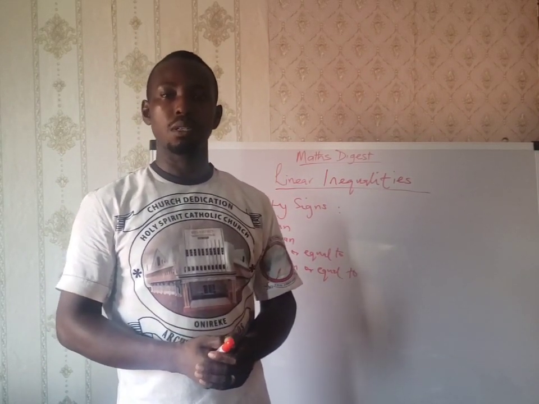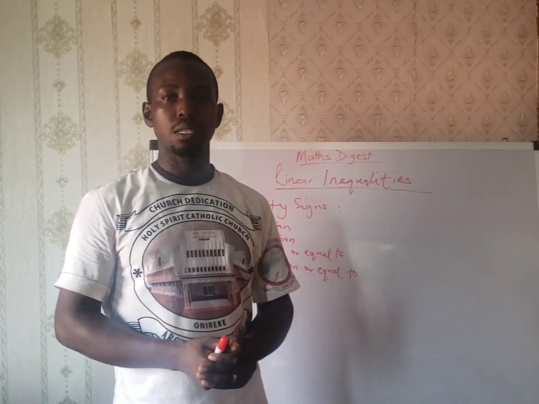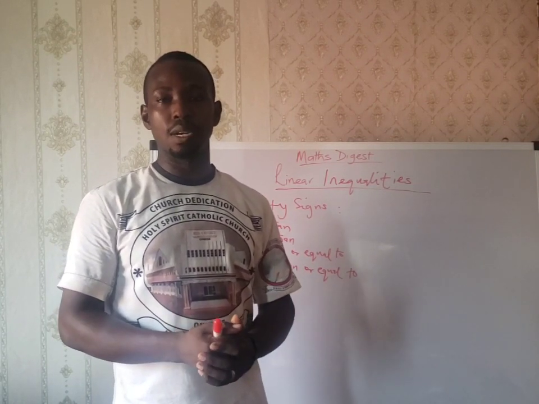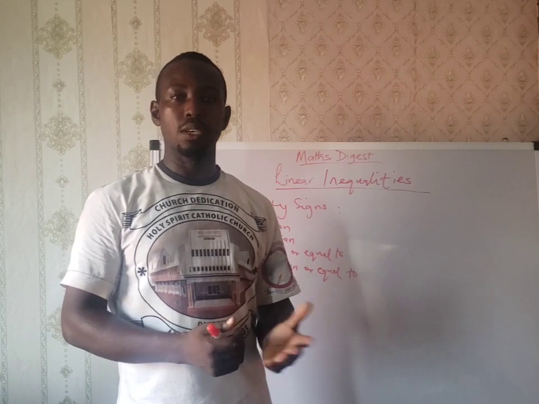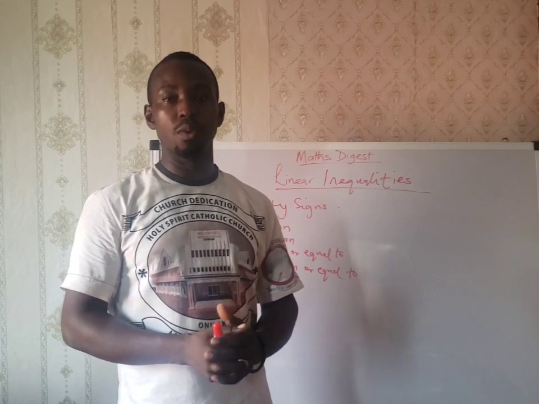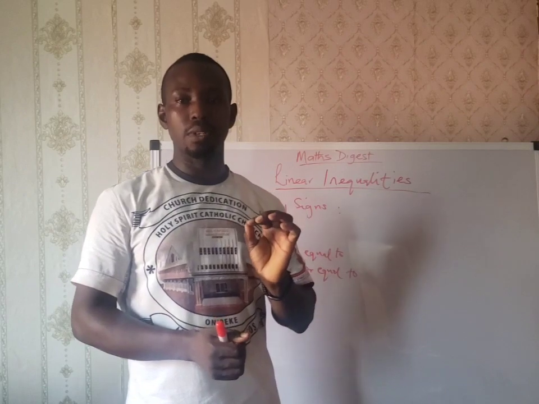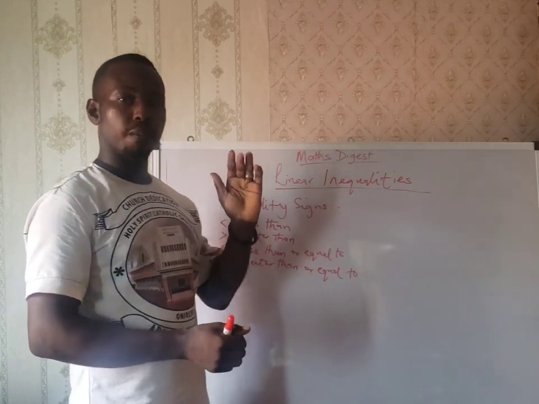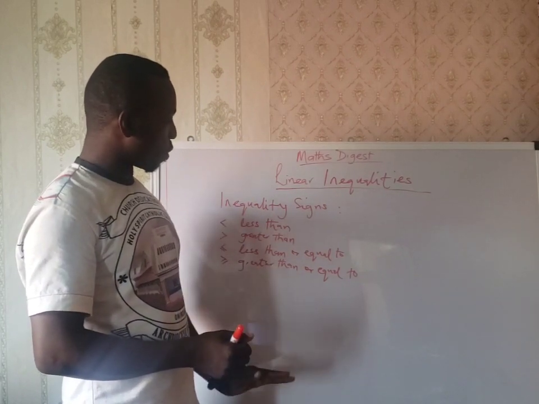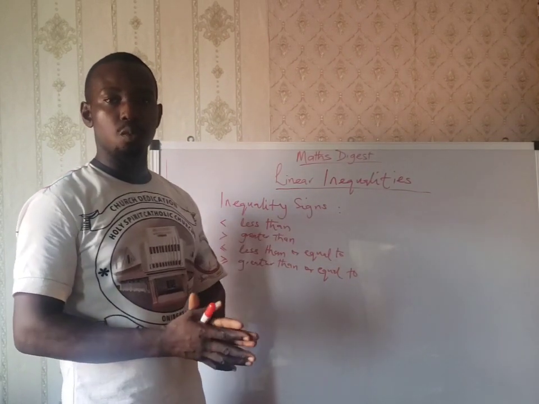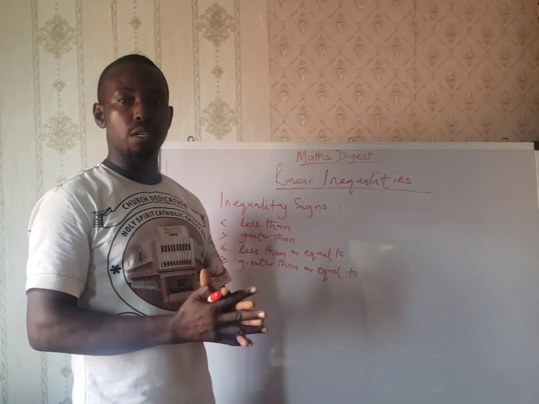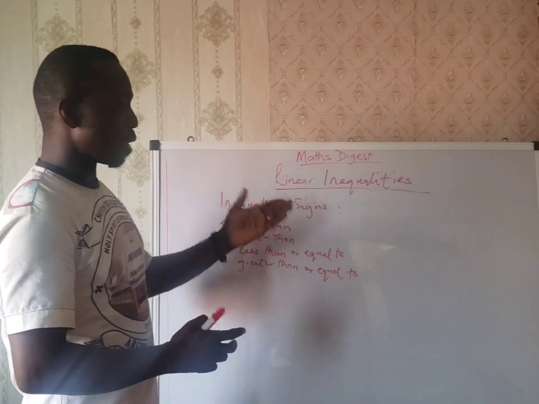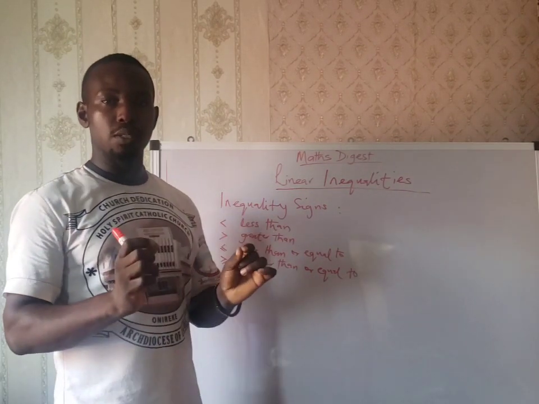solving problems on linear inequalities is just as simple as you can think of, just like your normal linear equations. The only slight difference is the four categories of things you must use in solving linear equations. When you compare it to that of linear inequalities, there might be a little difference.